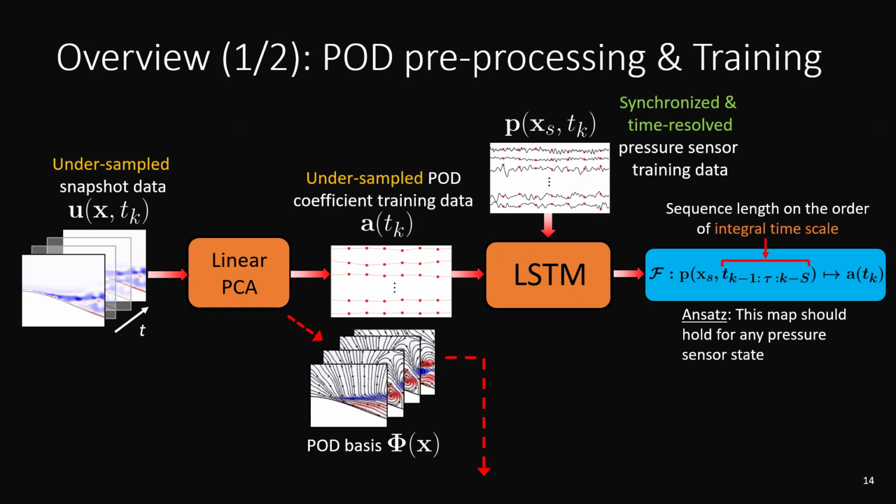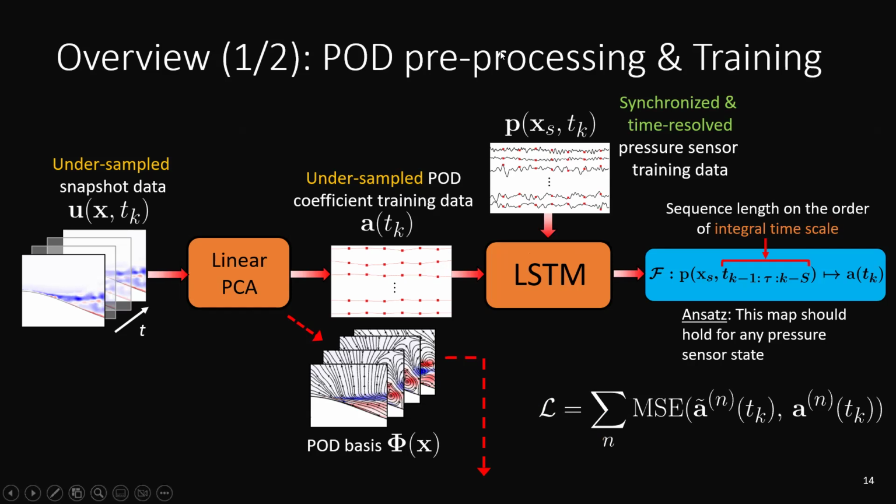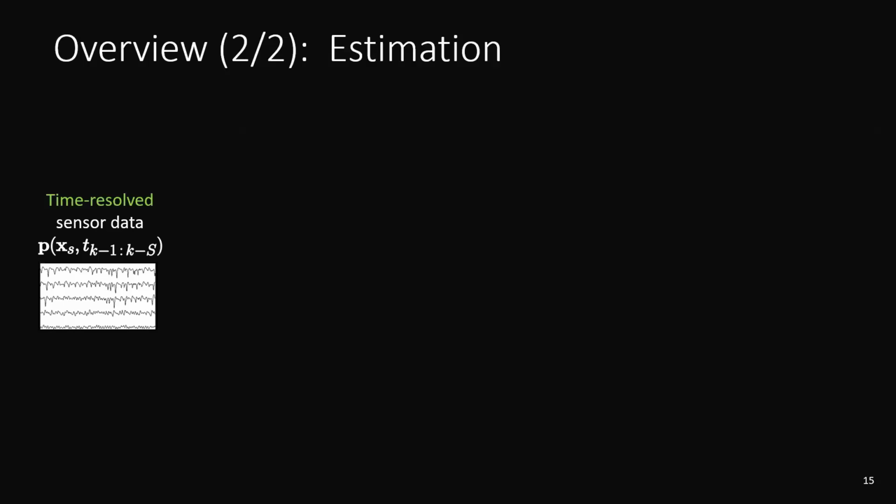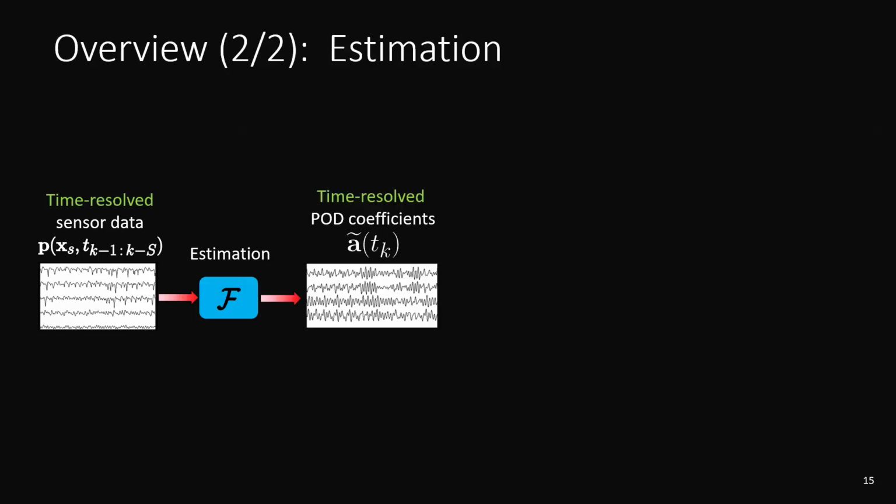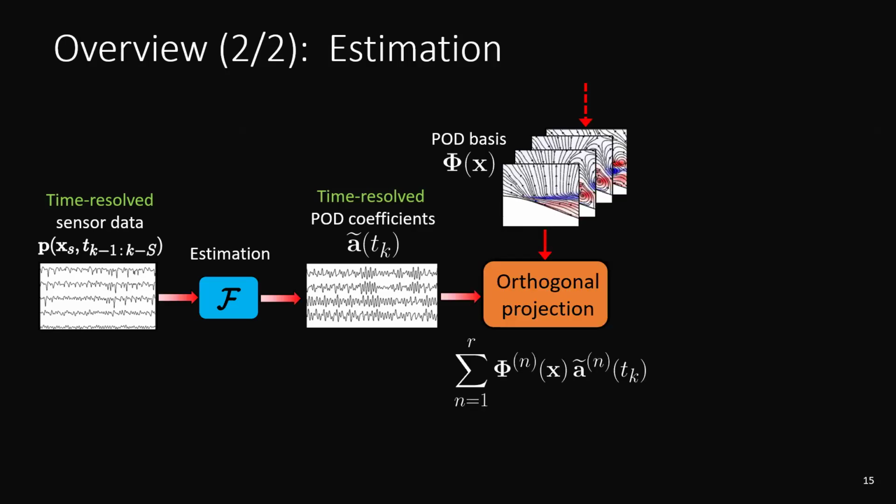The loss function is just the mean squared error between predicted coefficients and the ground truth information, which we get over here, and we build an estimator. For inference, we feed it time-resolved pressure sensor data, apply the model to it, and shift it in time. We get a time-resolved estimate of the coefficients, and because we have SVD, the modes are orthogonal and the projection is orthogonal.